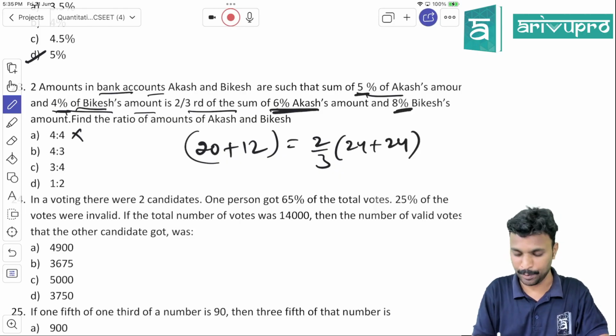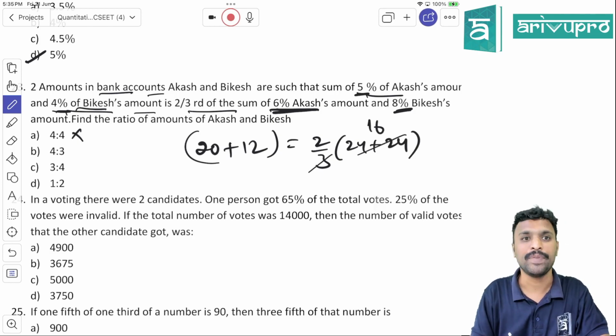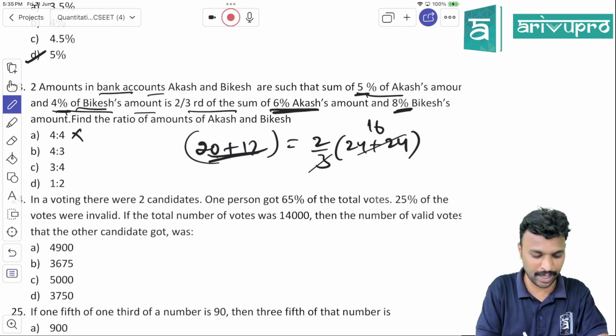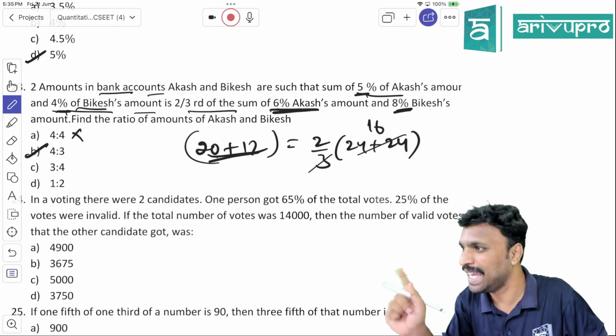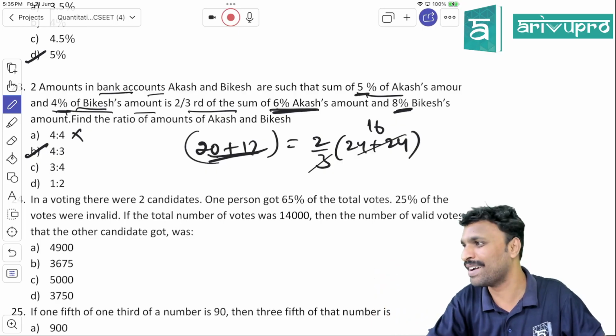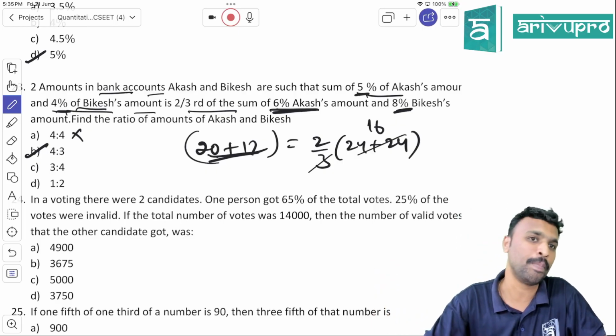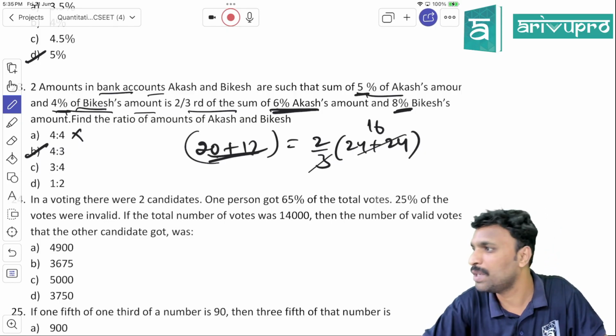That is 48, and 2/3 of 48 is 32. 20 plus 12 is 32. So the answer is 4:3. The equation must be satisfied, so you have to take amounts in terms of hundreds so that it will become easy for you to solve. Everyone, are you able to understand?